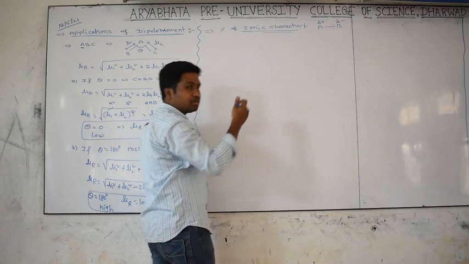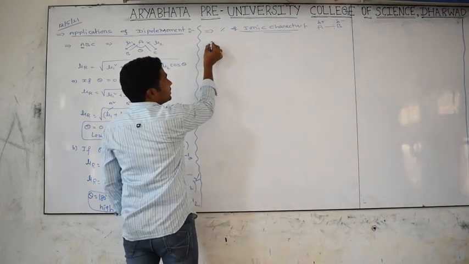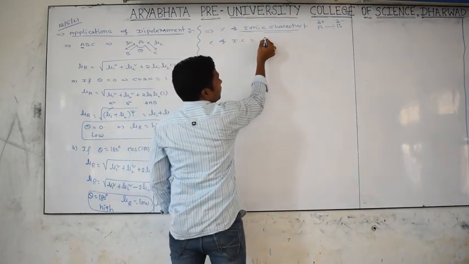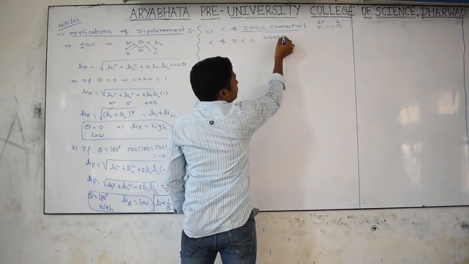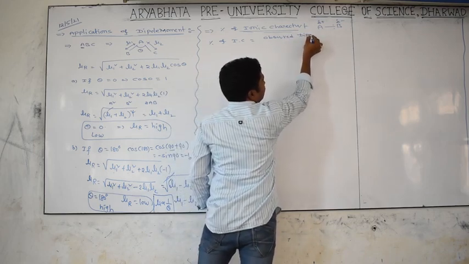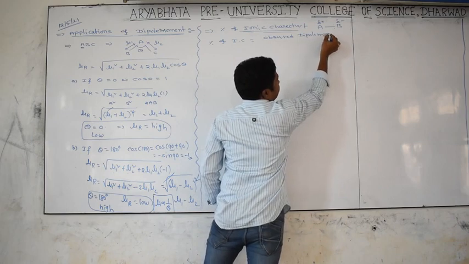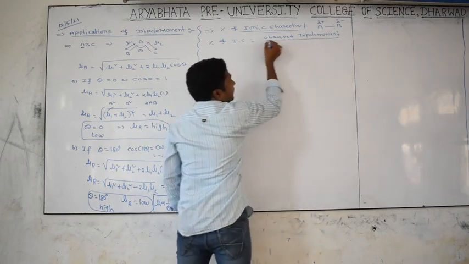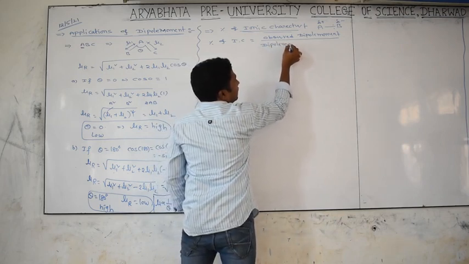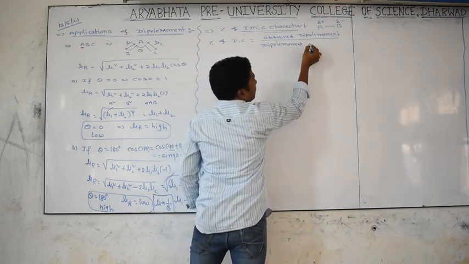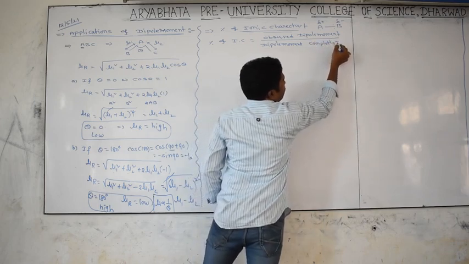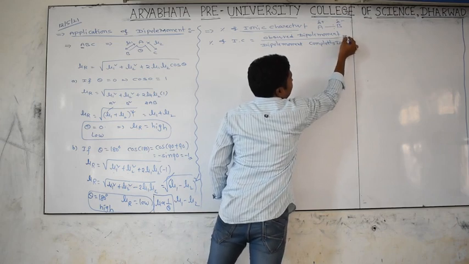If you want to find its ionic character, the percentage of ionic character is equal to the observed dipole moment divided by the dipole moment when completely ionized, into 100.